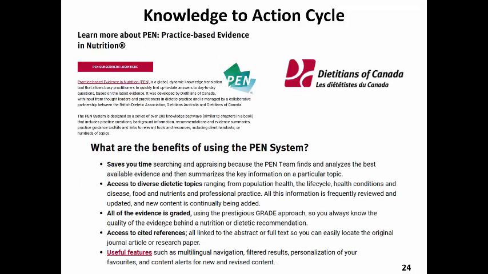One such example of the knowledge to action cycle is implemented by the Dietitians of Canada, which is a professional organization that regulated or licensed dietitians in Canada can use to put into practice the most current and cutting edge science that is relevant to nutritional practice in the country.